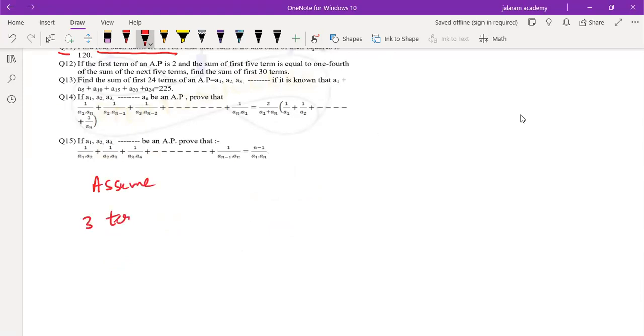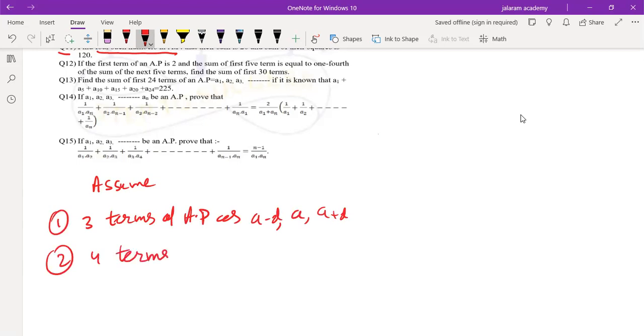3 consecutive terms of AP as the middlemost will be A, the term before this A minus D, the term after this A plus D. If you have to consider 4 terms of AP, now 4 means an even number of terms.